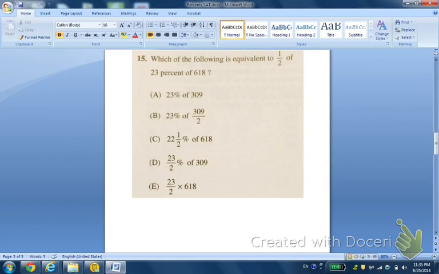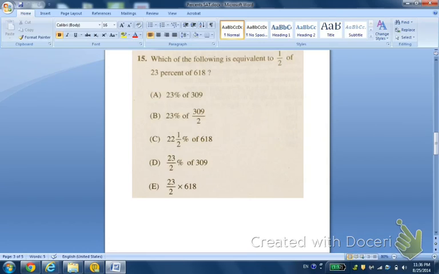Okay, here's a percent question. This one is again from the blue book. It's test 3, section 2 of the test, and it's number 15. This one asks us to find which is the equivalent of a half of 23% of 618. The trick here is to write this as an equation, a sentence.